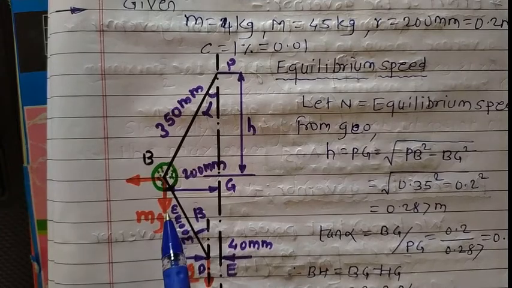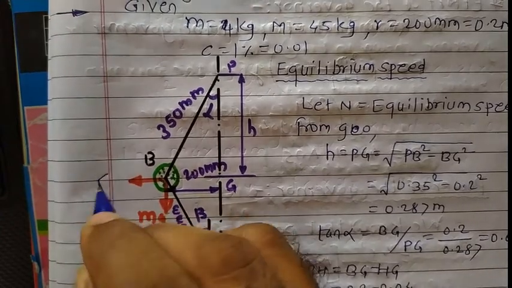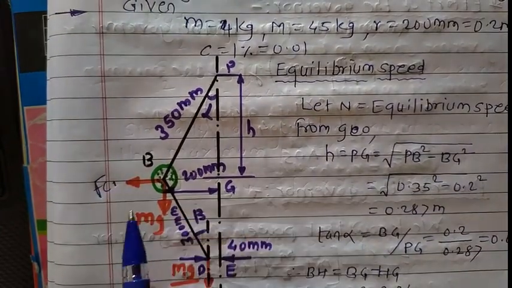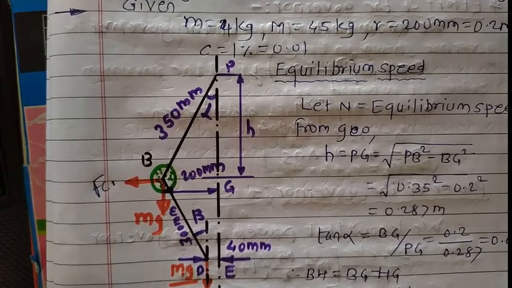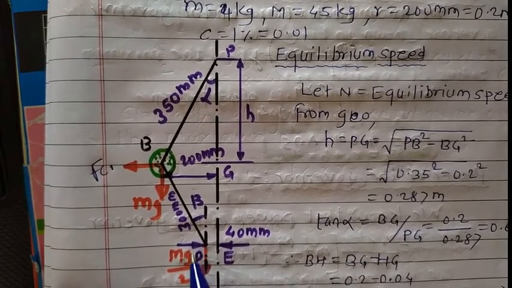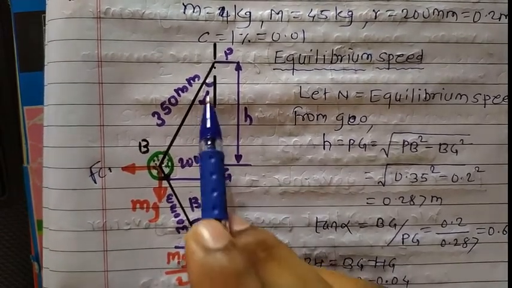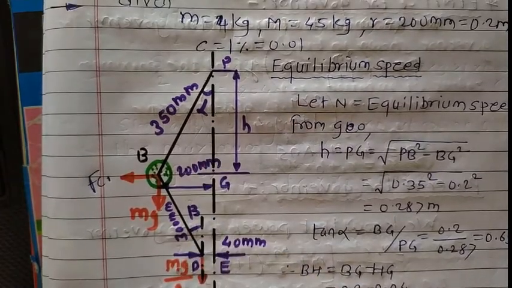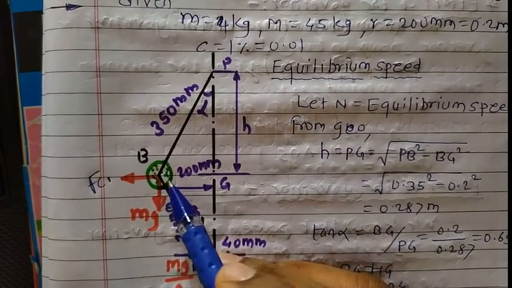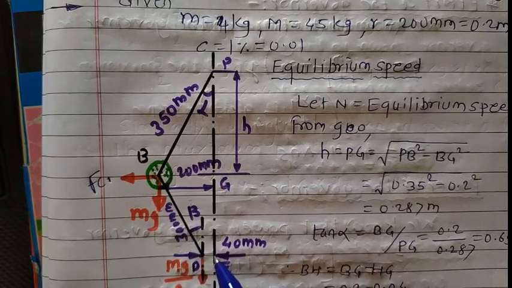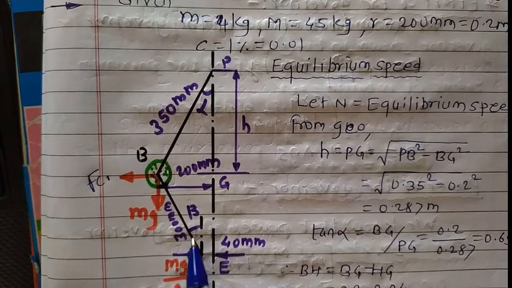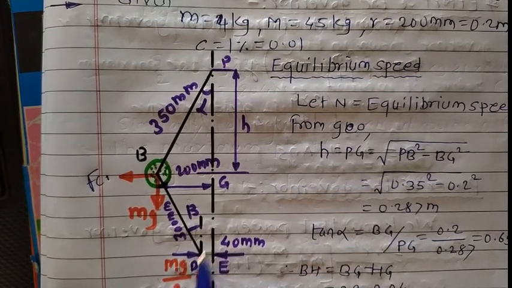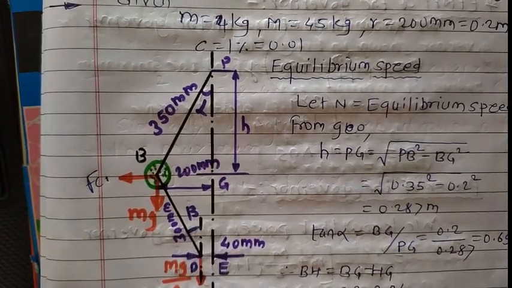The weight of the ball acts in the downward direction. This indicates the centrifugal force, which acts in the outward direction. The mass of the sleeve is given, meaning the weight of the sleeve acts in the downward direction. The alpha and beta values are different here because the connection of the lower arm is not directly with the spindle axis. The distance between this point and this point is 40 mm. So we can get different values for alpha and beta.